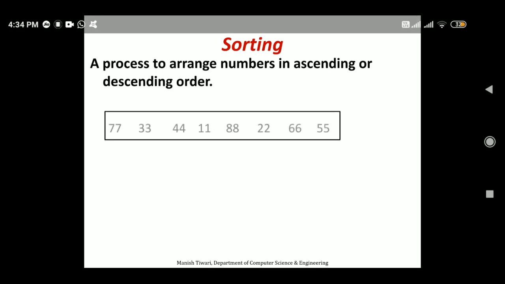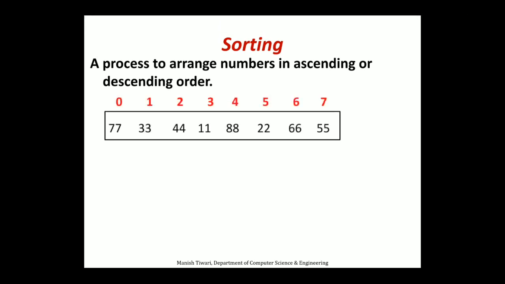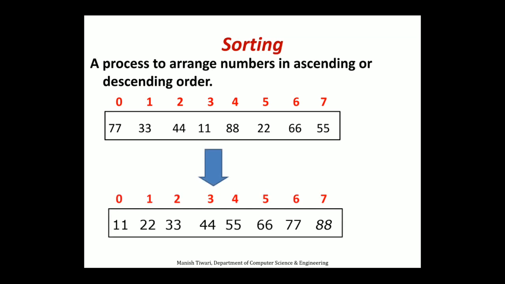Like we have been given an array, and you can see here that all the elements of this array are in random order. And if you see this array, all the elements are in increasing order, that is ascending order.